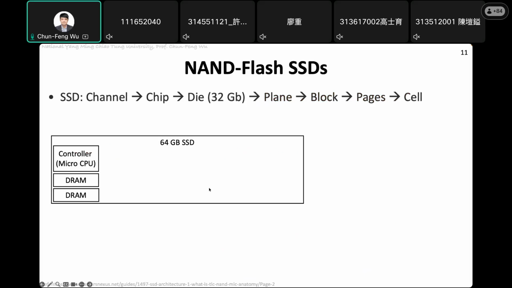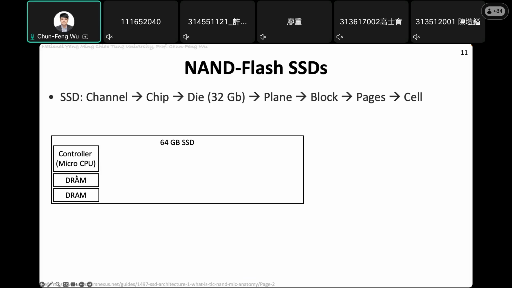So we also show you that for the SSD, there are a couple of layers inside. I think the most important thing is that in your SSD there is a controller. The controller usually means the micro CPU part. And then there is also DRAM, and the DRAM is not a very small size.